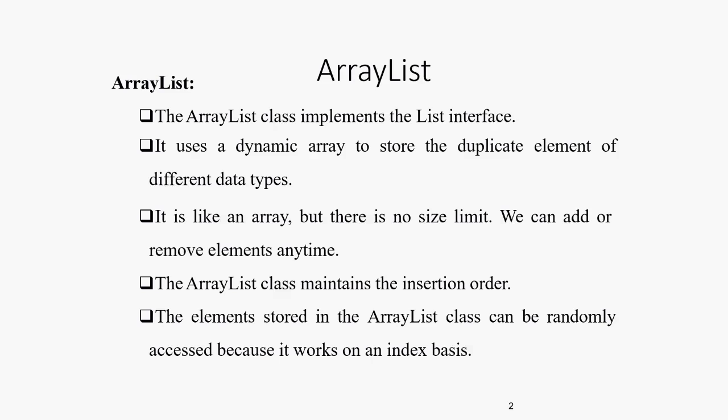So ArrayList is just a data structure which is quite similar to an array, but it maintains the insertion order with no size limit. The elements are stored in the ArrayList and they are accessed with the help of the index, like how we access an array.